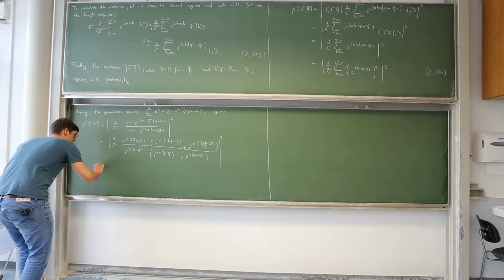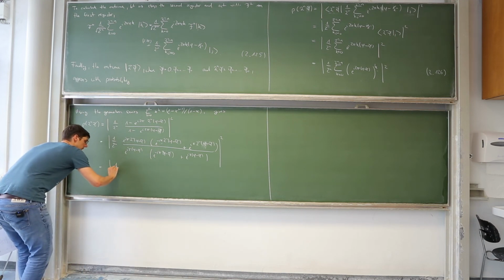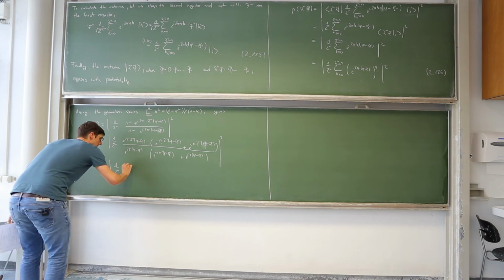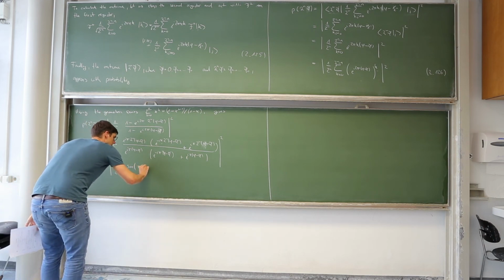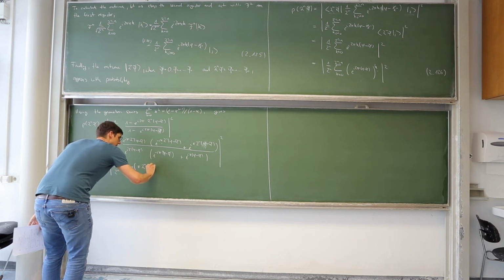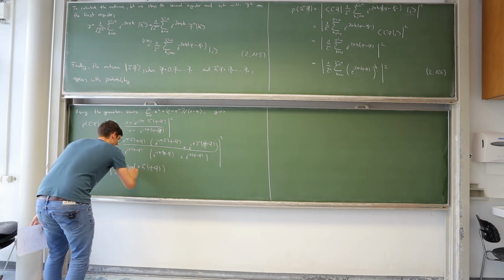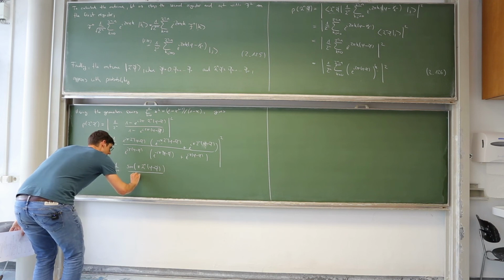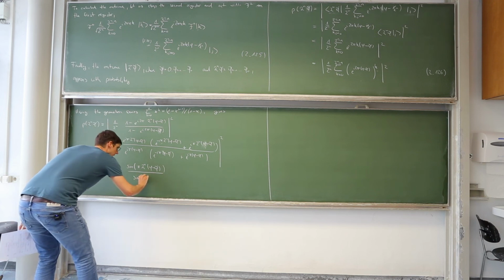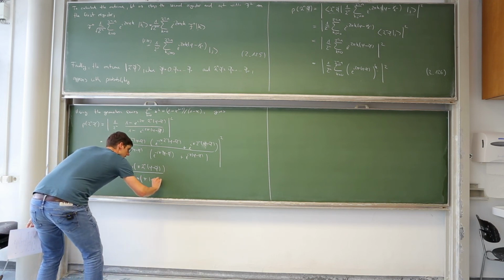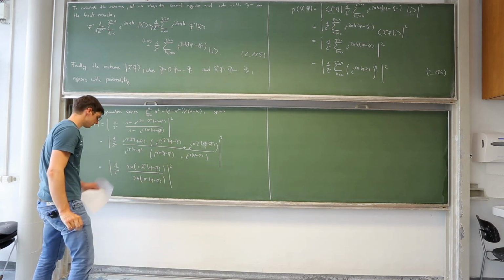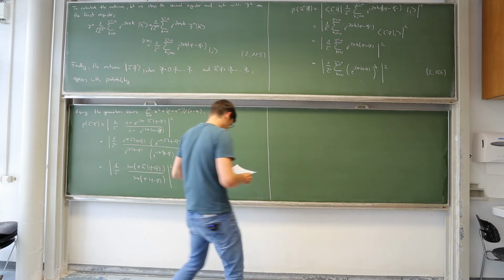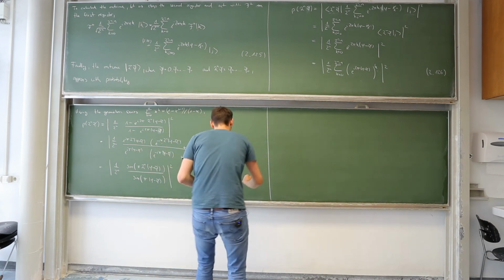So we can write this as 1 over 2^n, and then the sine of pi 2^n (phi - phi tilde) divided by the sine of pi (phi - phi tilde), modulus squared. Exactly.